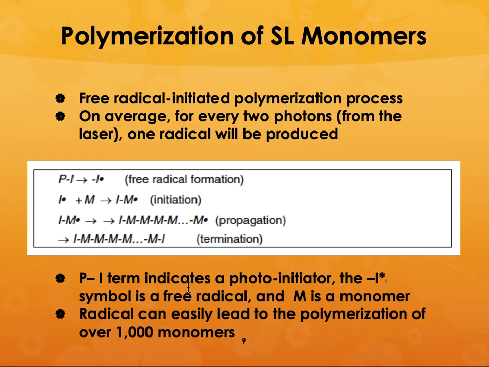This can be in different directions. So depending upon that, you can get different kinds of properties. The PI term is the photoinitiator, and the I star is a free radical, and M is a monomer. So one reaction or one free radical can easily result in the polymerization of over 1000 monomers.